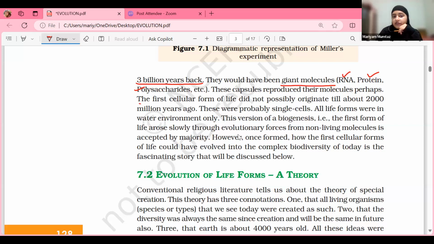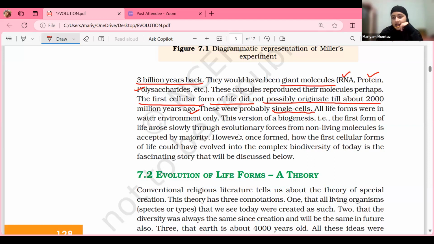Then the first cellular form of life did not possibly originate till about 2000 million years ago. These were probably single cell organisms. All the life forms were present in the water environment only, meaning any single cell present in earlier times was aquatic in habitat.